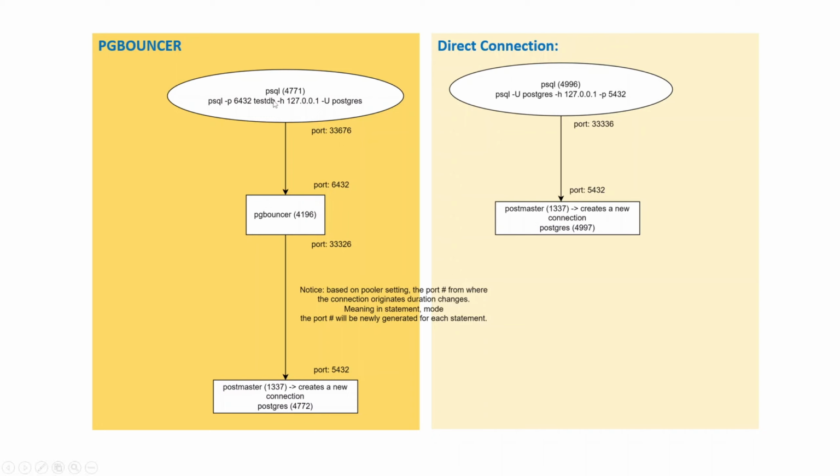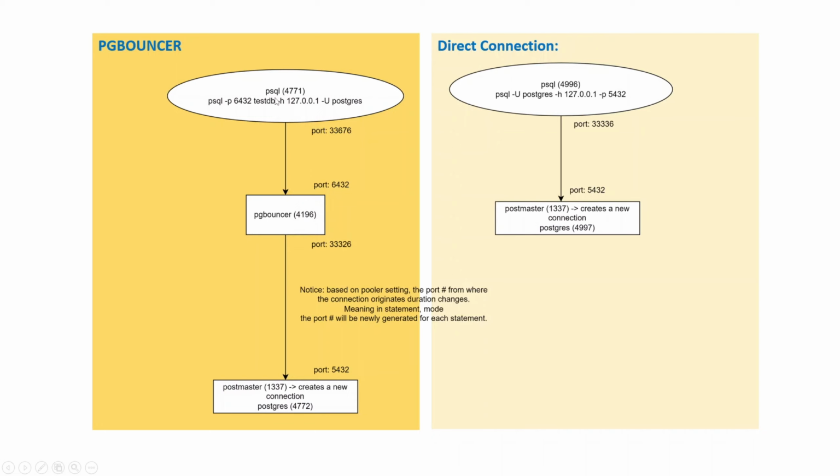And I mention the host name, the user to which I want to connect, and the port number. This port number is PgBouncer's port number. The database is really living at port 5432. So its outgoing port number is 33676 and it lands at port 6432 of PgBouncer. PgBouncer is living at process ID 4196.